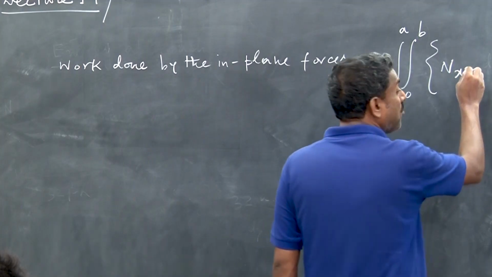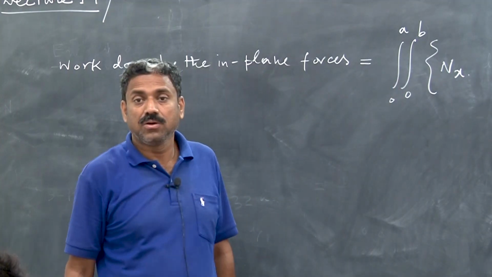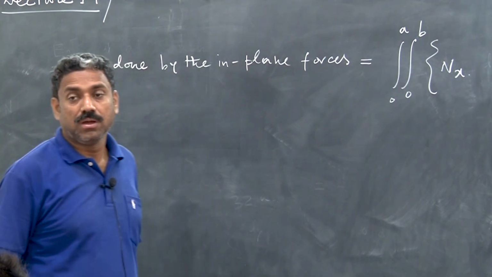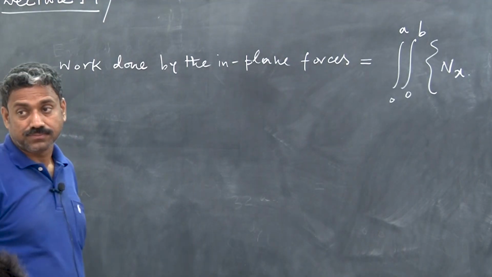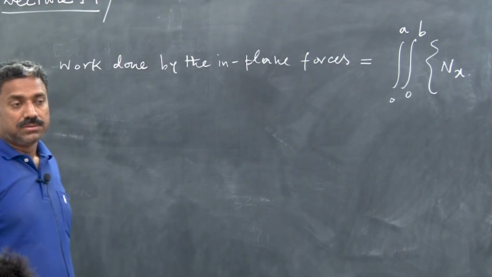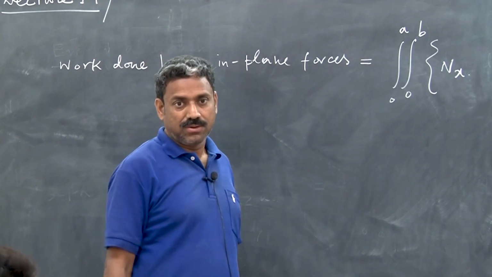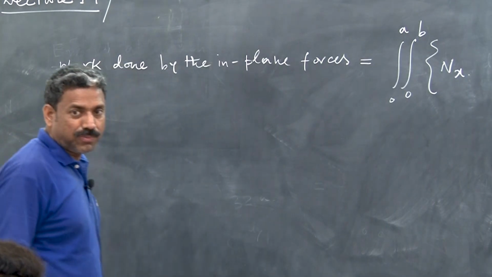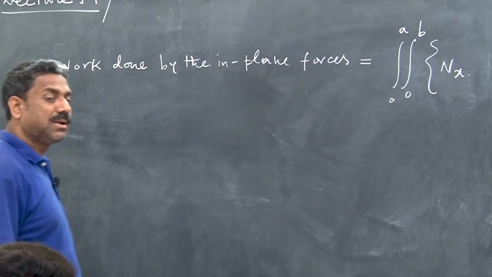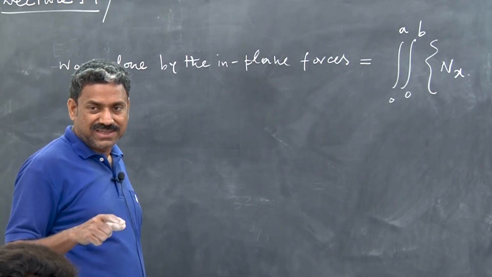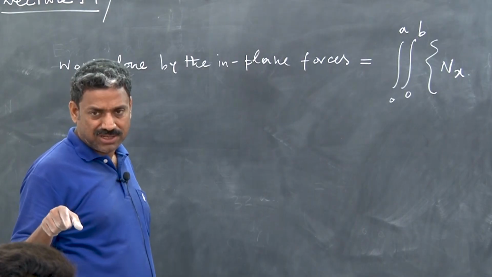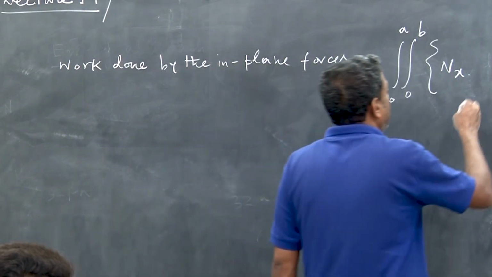Nx, what is the respective in-plane deformation because of out of plane deflection? You have to integrate the von Karman nonlinear term. Epsilon xx is half del w del x square, right?